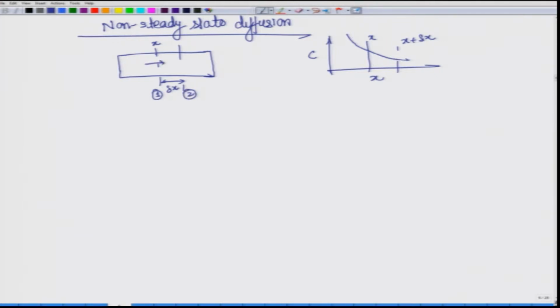So, let us say the flux of atoms across plane 1 is given as J1.